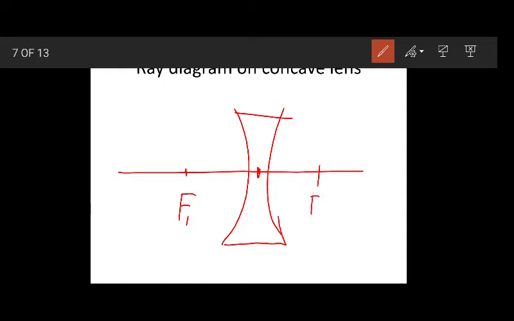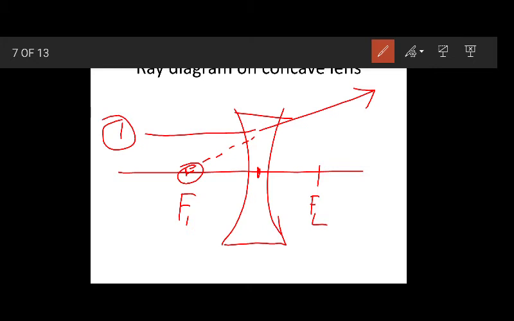So in this case, when light rays fall parallel to the principal axis, after refraction it will diverge in such a way that it seems to come from the principal focus, and this is the number 1.